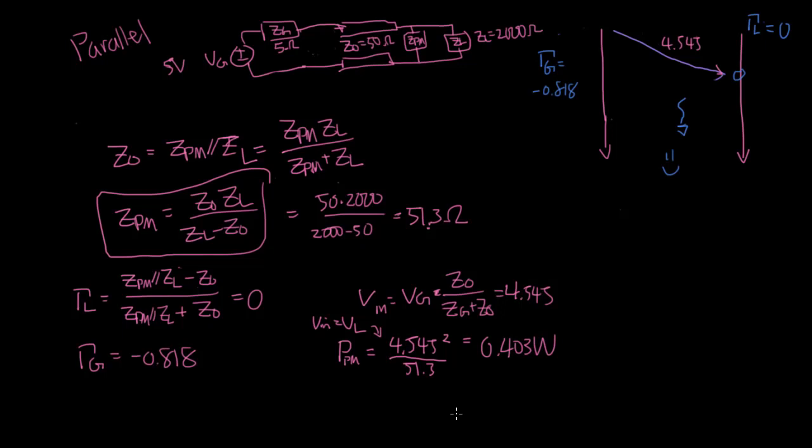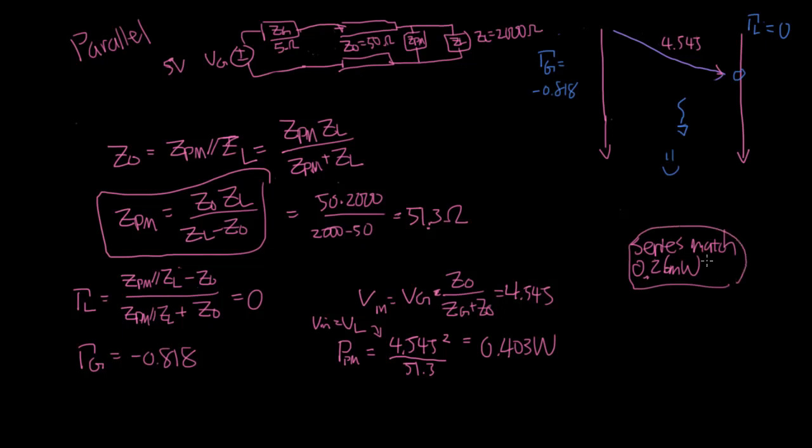In comparison, the generator side series match, I have the math in my notes, but I didn't do it just now. But in comparison, that one has 0.26 milliwatts for the series match.